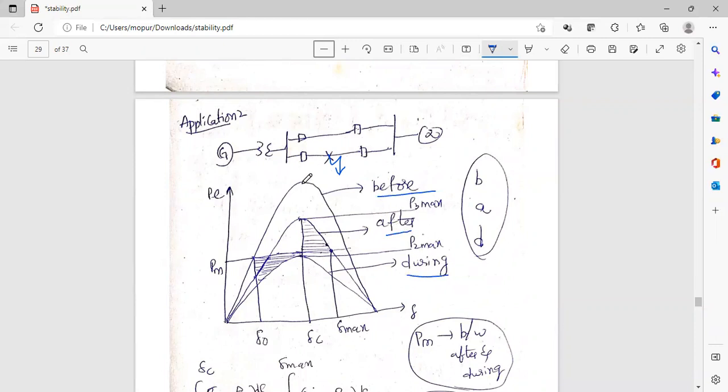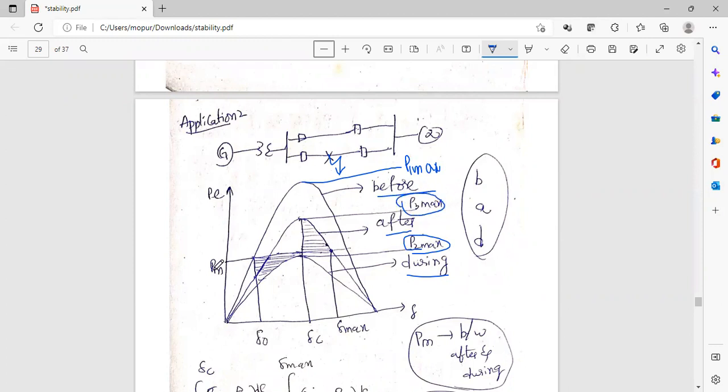I am considering the before peak as P1 max. Normally, first we will find before. So let me take that peak as P1 max, and then we will be finding during. So during peak is P2 max, and then we'll be finding after. So after peak is P3 max.